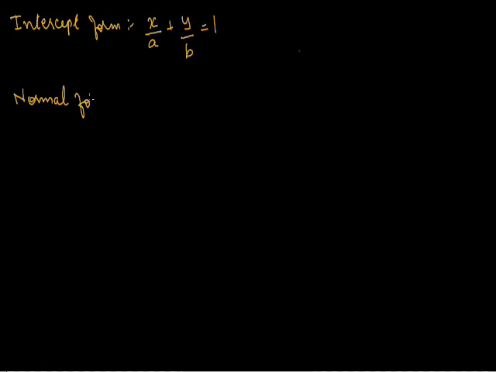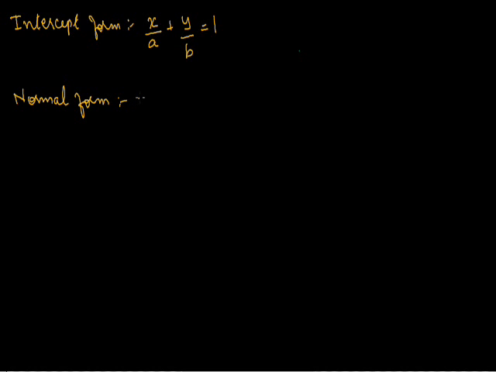Hello friends, in the last lecture we had seen the derivation of the equation of line in intercept form, which is x/a + y/b = 1, where a is my x-intercept and b is my y-intercept. And second, we saw the equation in normal form or perpendicular form.